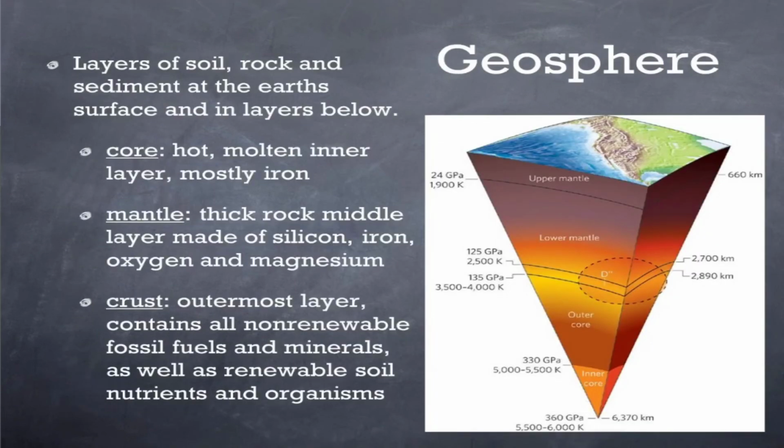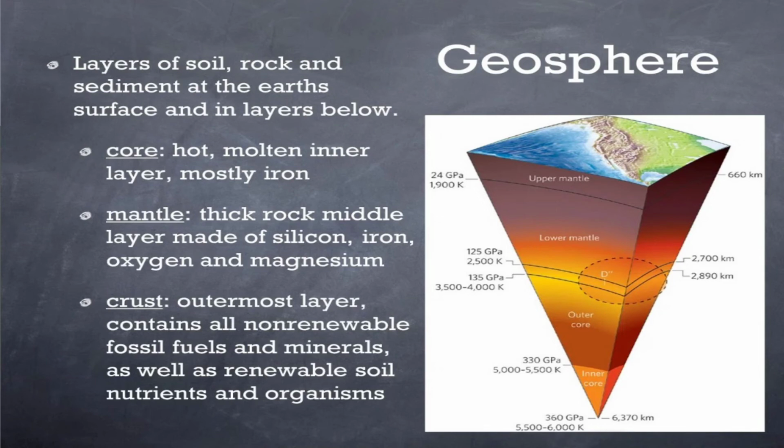Now the geosphere, the lithosphere: layers of soil, rocks, and sediments at the earth's surface. At the core of the earth is hot molten material in the inner side, mostly iron. The mantle is the rock in the middle layer, made of silicon, iron, oxygen, and magnesium.